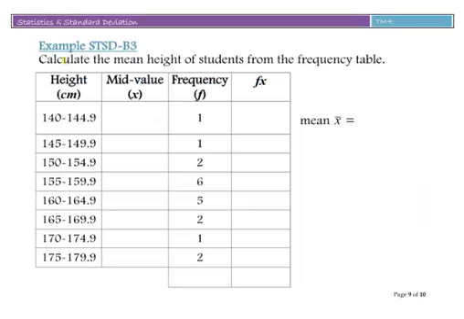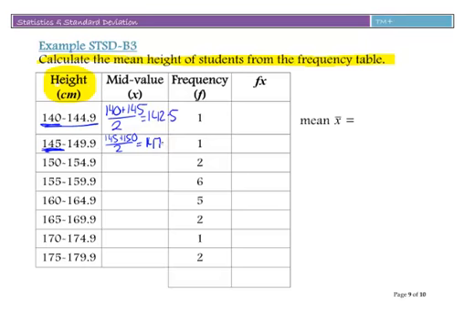So this example says calculate the mean height of students from the frequency table, and you can see we have group data. So what we need to do is find the mid value for each of those, and for this here we'd go 140 plus 145, so we round up to the start of the next one. So it's the start of the first one and the start of the next one, and we divide by 2, and you would get 142.5. So for the next one it would be 145 plus 150 divided by 2, which would give you 147.5.